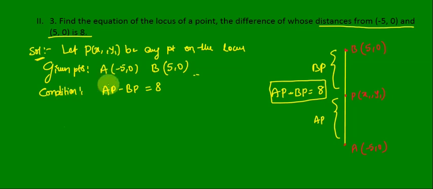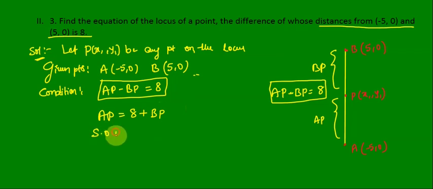Now we'll make use of this condition to find the equation of locus. First, I'll take this minus BP to the right hand side, so it becomes plus BP. Next step, I'll do squaring on both sides. Then this will become AP square on the left, and on the right, (8 plus BP) whole square.